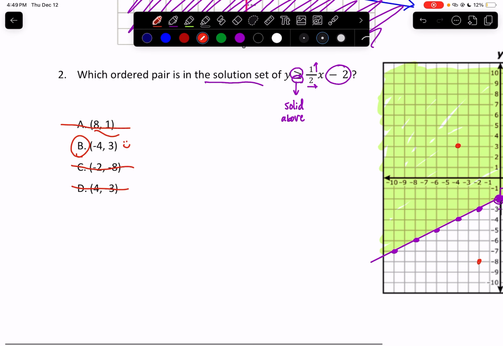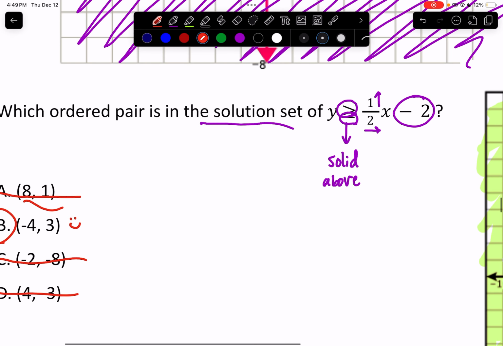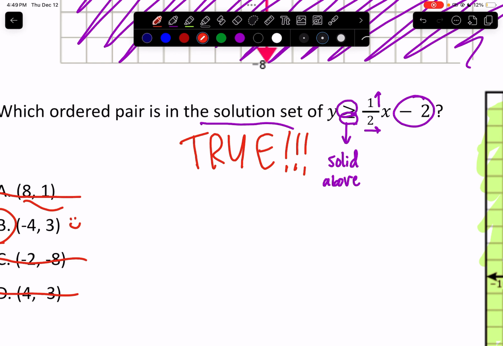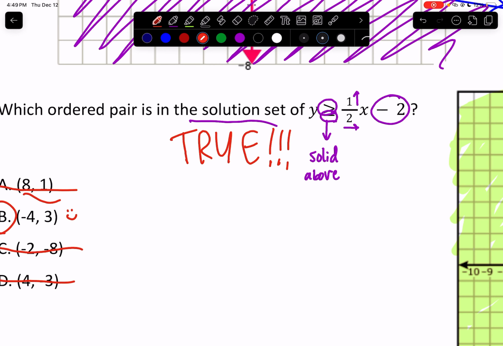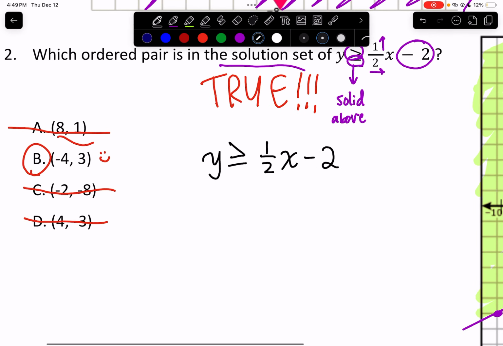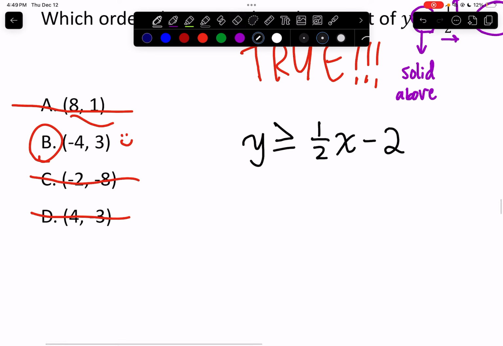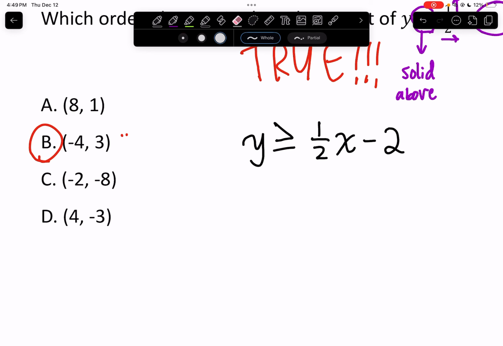The other way to think about this is that a solution is a value or values that make a statement true. Our statement is that the y value has to be greater than or equal to half of the x value minus 2. So I've got a whole bunch of xy pairs here. I'm going to erase my lines. Let's test out the first one. My x is 8, my y is 1.